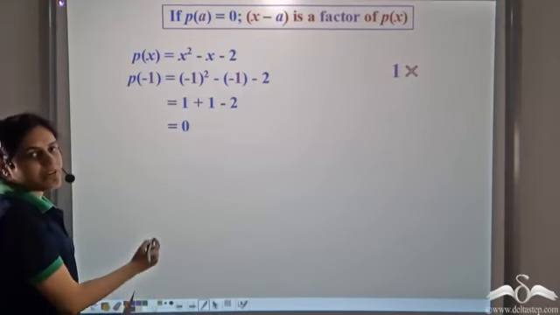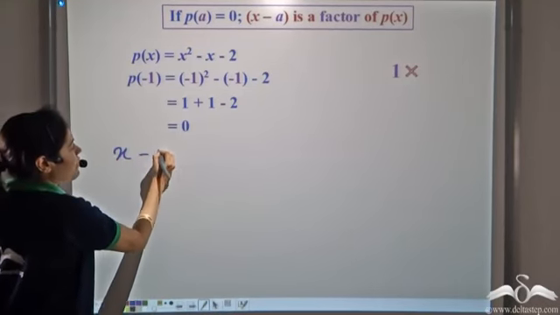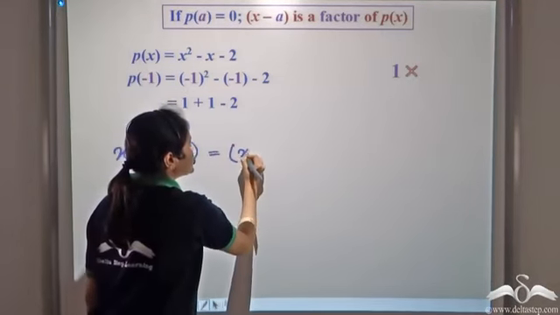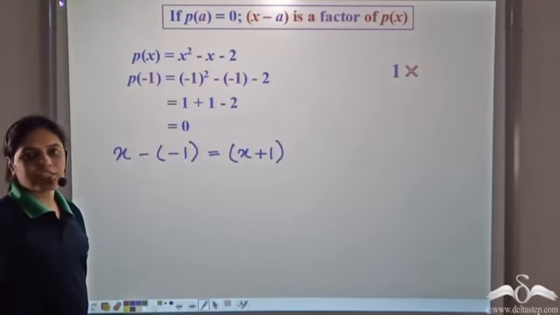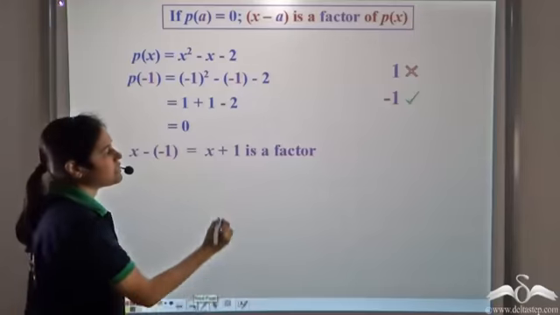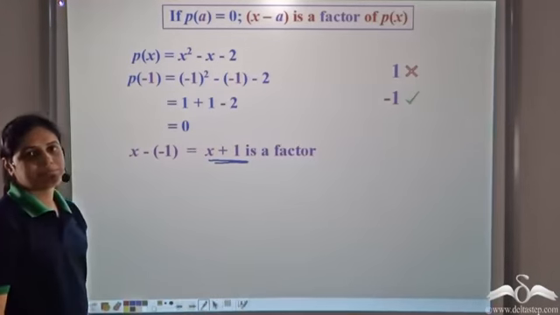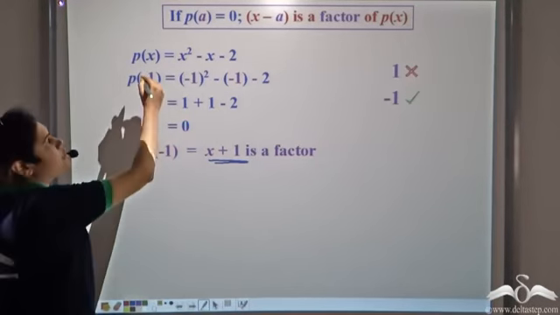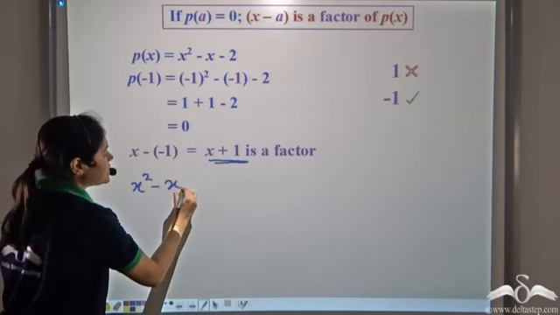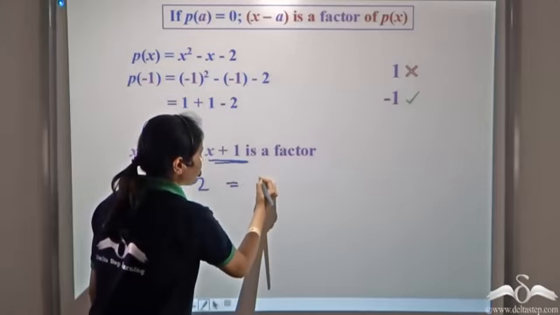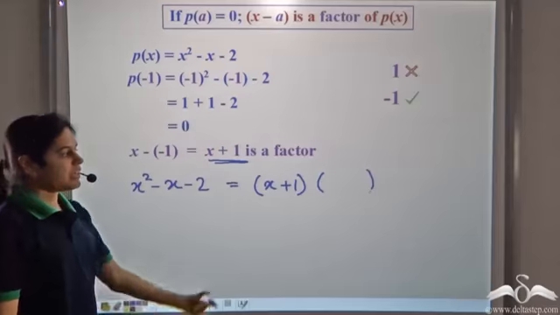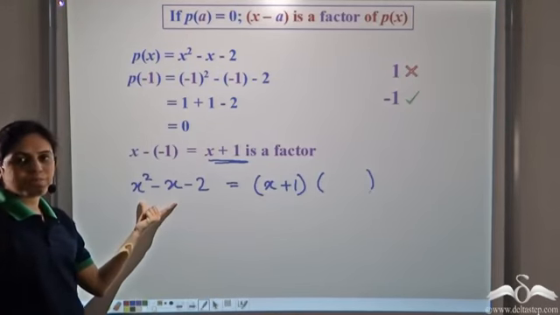So if P(-1) is 0, then x minus -1 should be a factor. That is, x plus 1 should be a factor of P(x). Now our aim is to factorize P(x). So x square minus x minus 2 can be written as (x plus 1) into something, because x plus 1 is a factor of this.